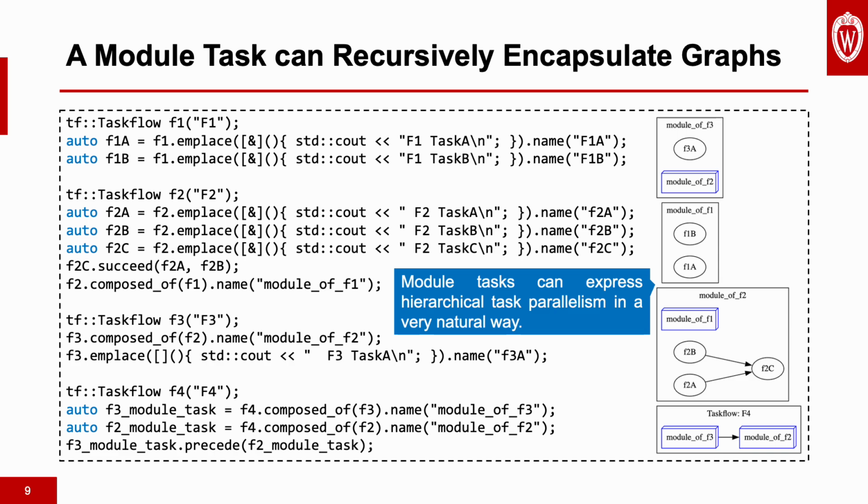Similarly, inside the module task, module of F3, we have one task F3A and another module task that encapsulates the taskflow F2 we just talked about. As you can see, the composable tasking interface in Taskflow can naturally express this hierarchical task parallelism.